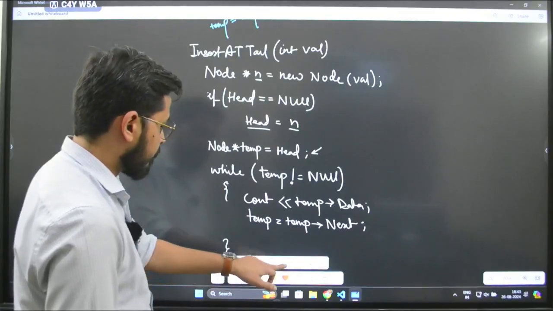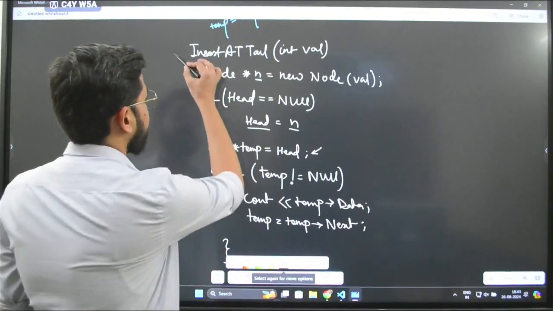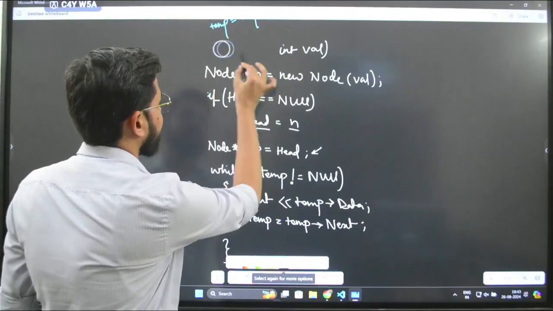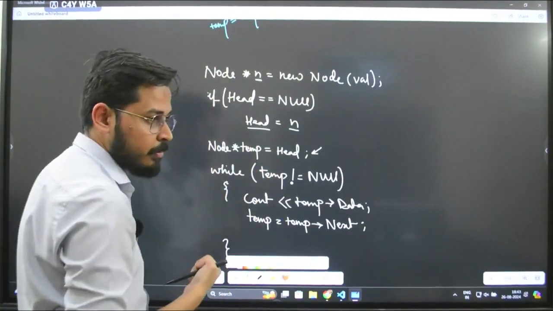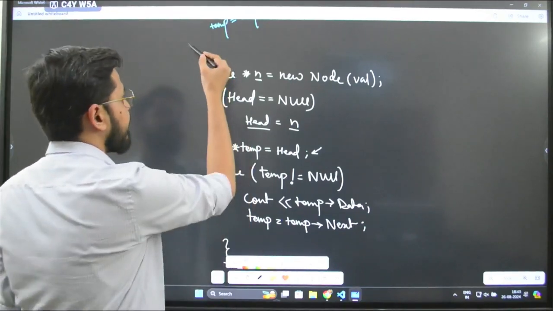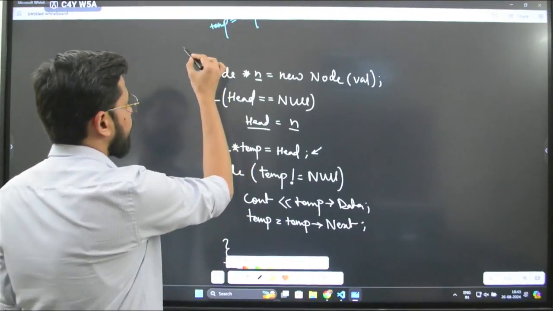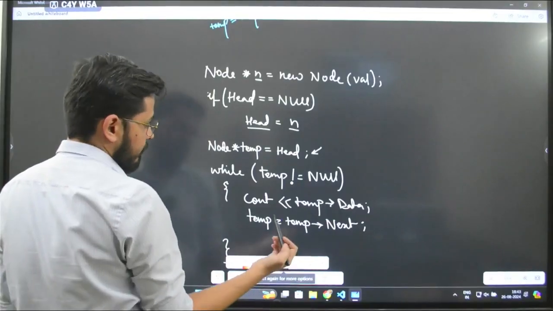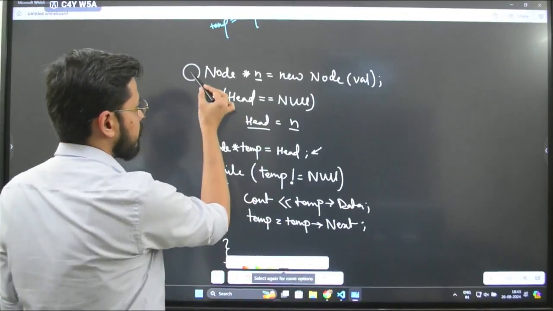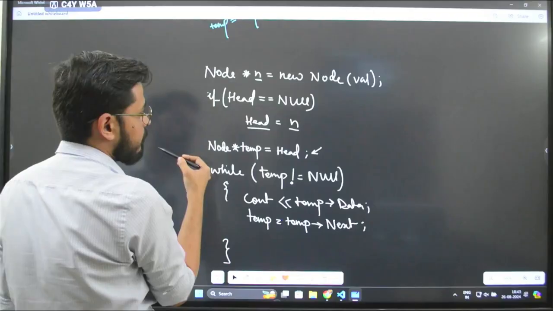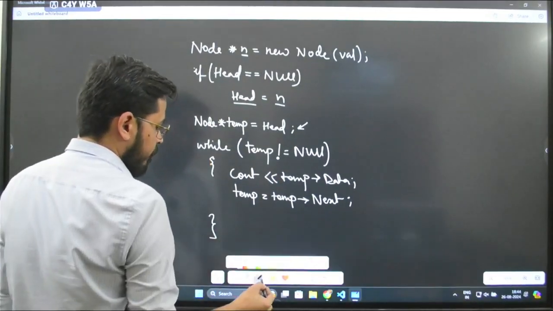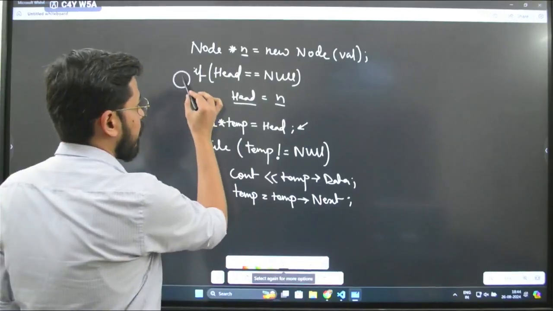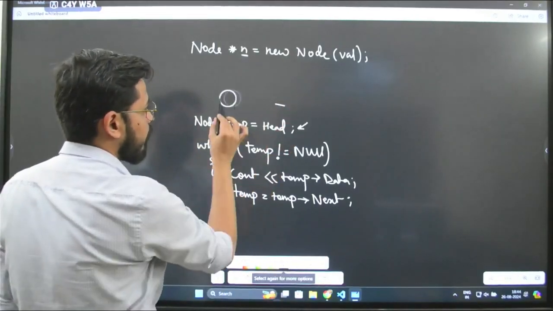Acha, one thing, this is not insert at tail. This is the printing part, right? This was just a traversal function and I don't want to insert in this case.